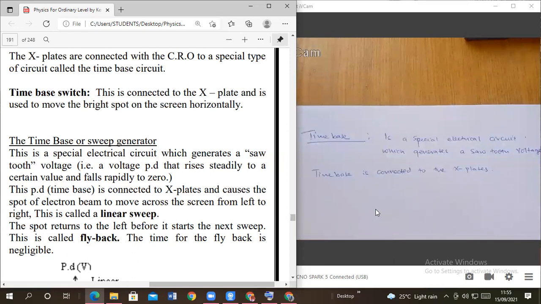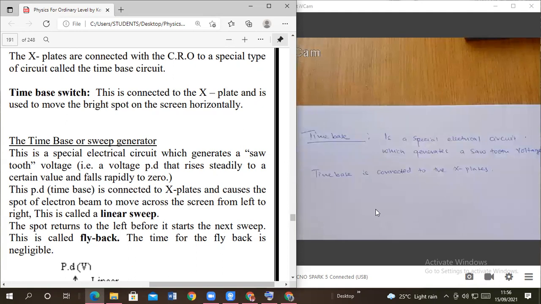And this spot, we shall see it as a linear sweep running from the left to the right. So always when we have the time base on, connected to the X plates, it will cause the electron beam to move from the left to the right. And this is what we call the linear sweep.